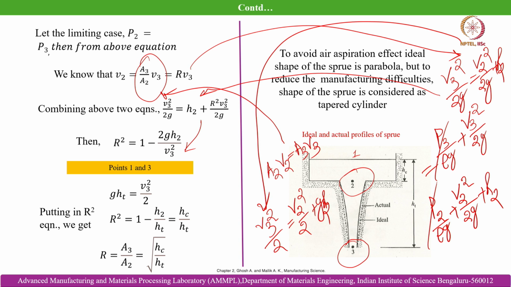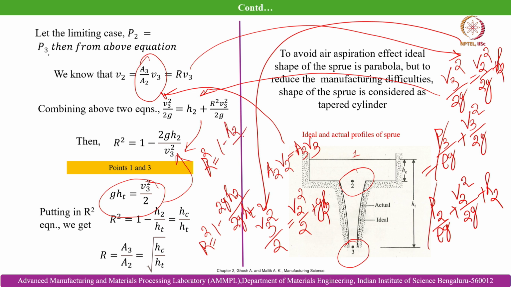So, we know that g Ht is equal to V3 square by 2, that is, V3 square is equal to 2 g Ht. Putting this in the R square equation, R square is equal to 1 minus 2g H2 by V3 square, which becomes 1 minus 2g H2 by 2g Ht. So, R square is equal to 1 minus H2 by Ht.